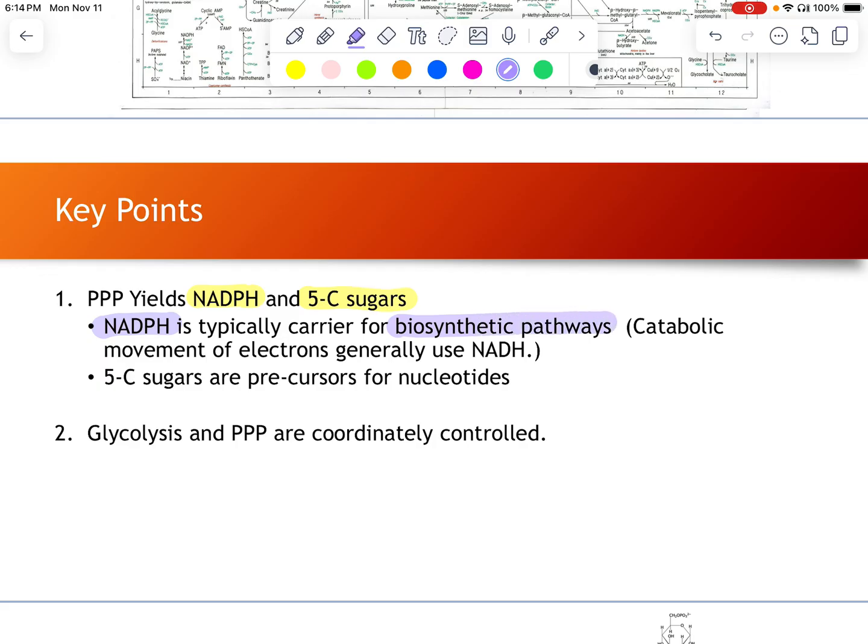What we have been really looking at up till now, usually it's been NADH because catabolism generally uses that for its electron carrier. But this NADPH is generally the electron carrier as we're synthesizing these molecules. And then, as we just said, the 5 carbon sugars are the precursors for those nucleotides. We looked at that on the map.